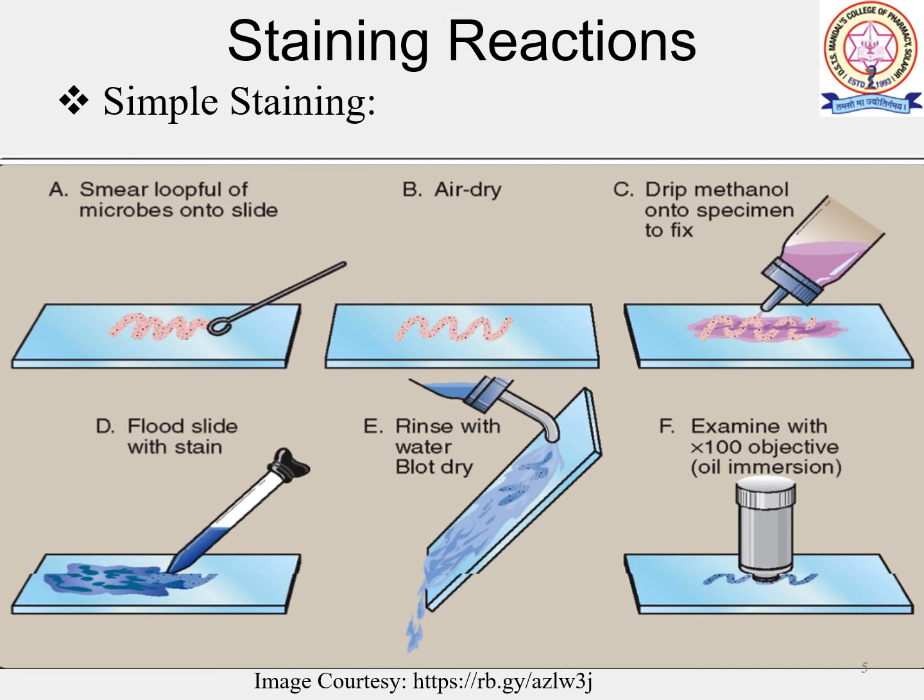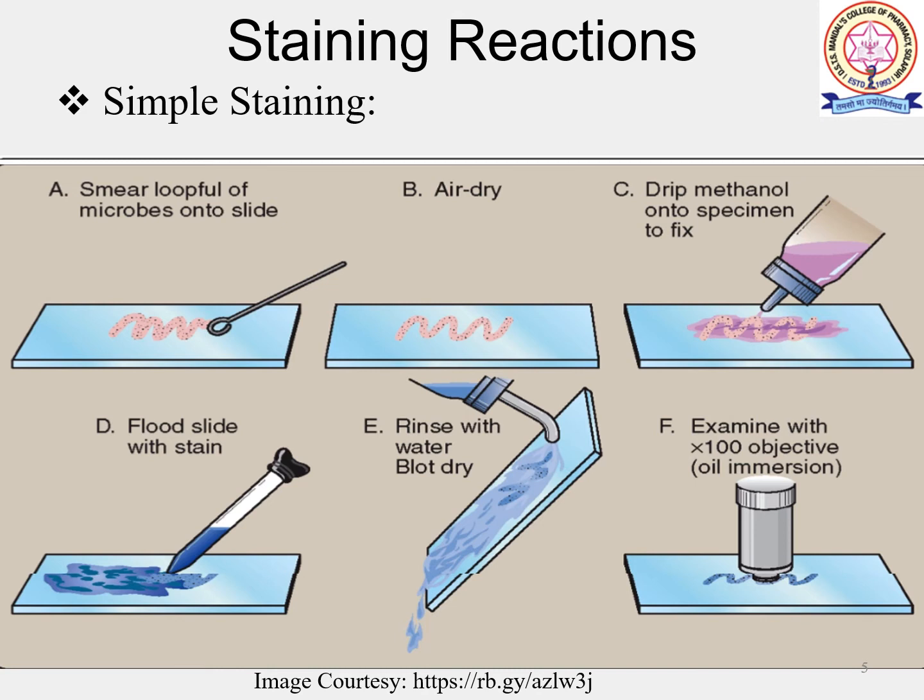After staining, bacterial cell morphology can be appreciated. For simple staining, one inoculating loop will be taken. It will be sterilized in the gas flame, and after sterilizing it, it will be transferred to the culture having the bacteria, and one loopful of suspension will be taken and spread over the slide.